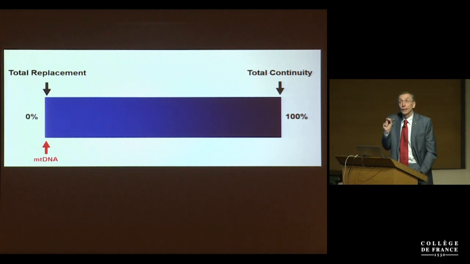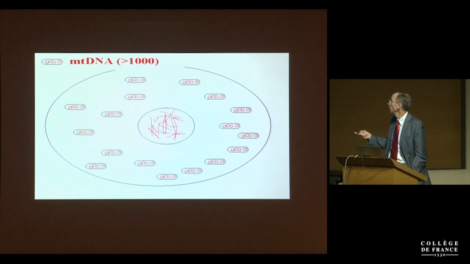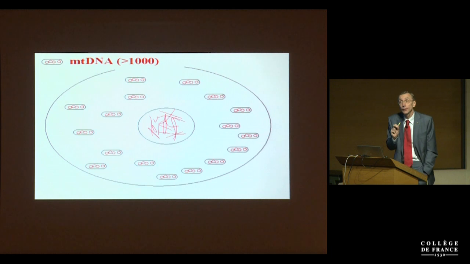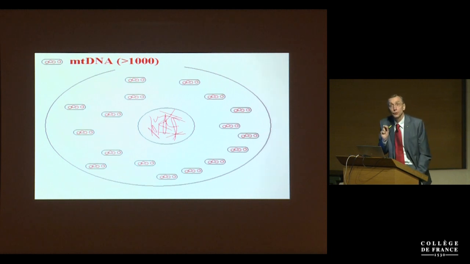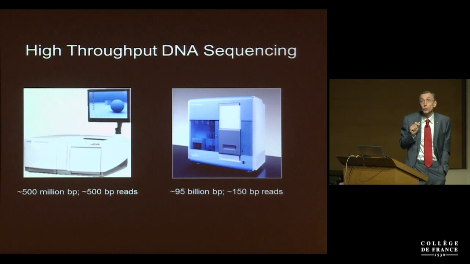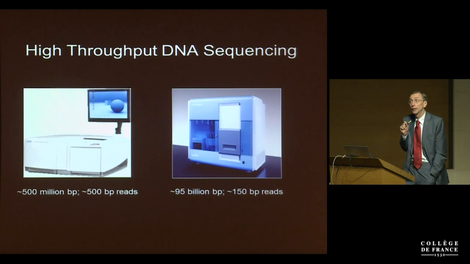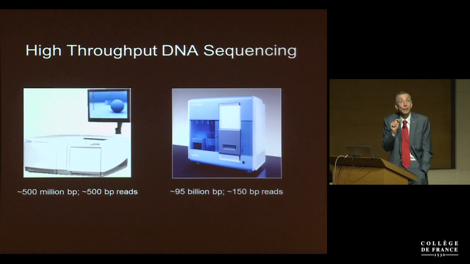But it's also clear, as I have stressed, that the mitochondrial DNA is a very small part only of the genome, and that the big, complete picture would be in the nuclear genome. And the chance to start at least dreaming about studying the nuclear genome of the Neanderthal really came in the early years of this millennium, when new techniques came around to sequence millions and billions of DNA molecules rapidly and quite inexpensively.